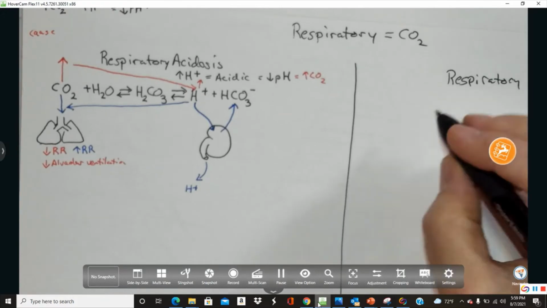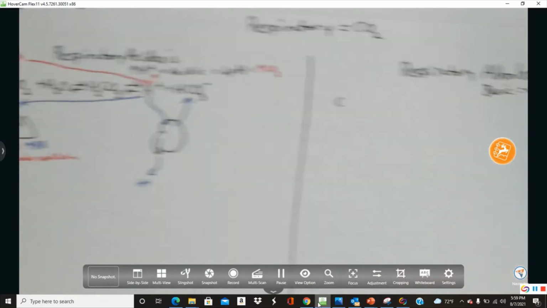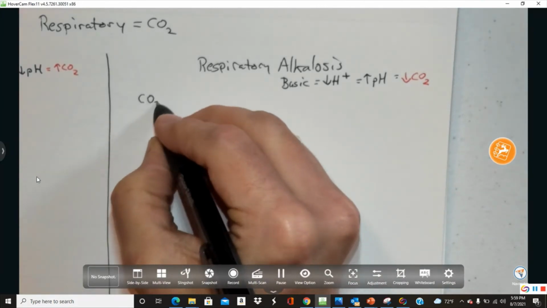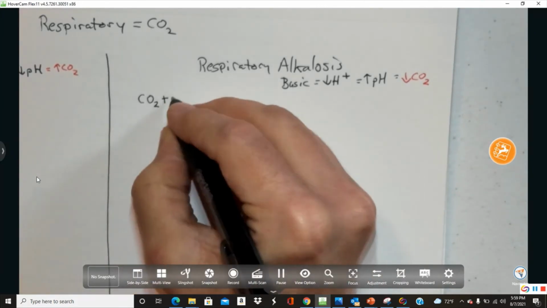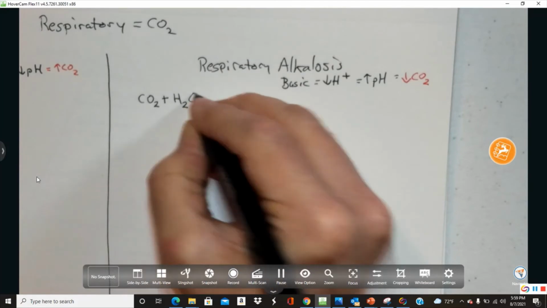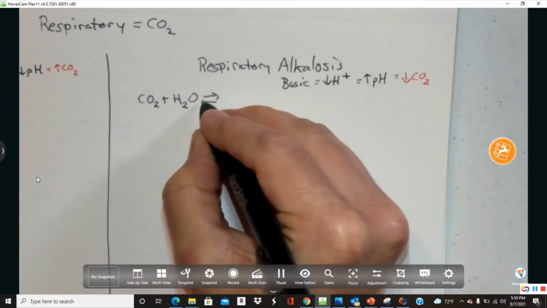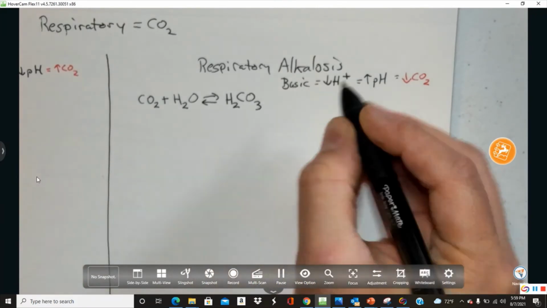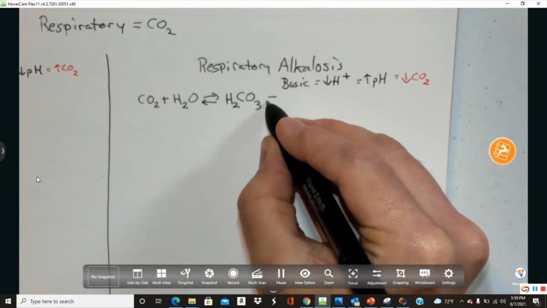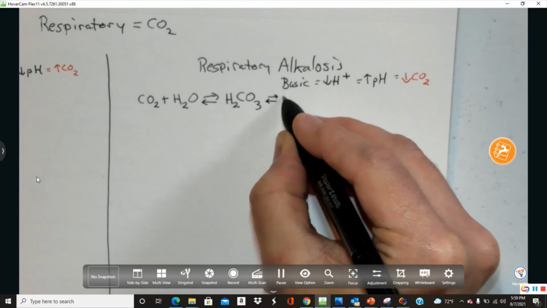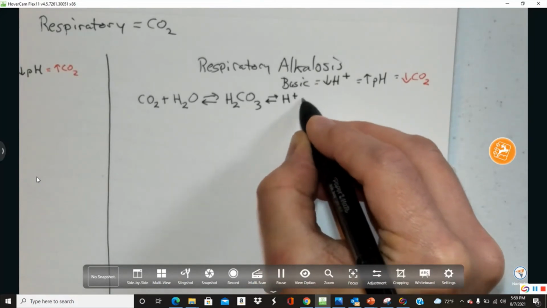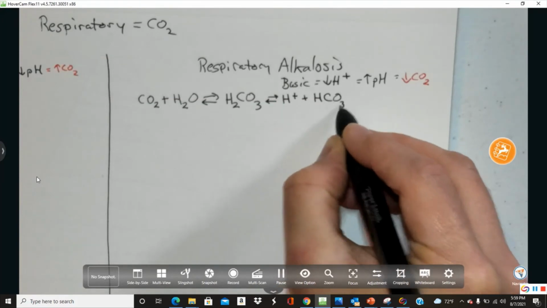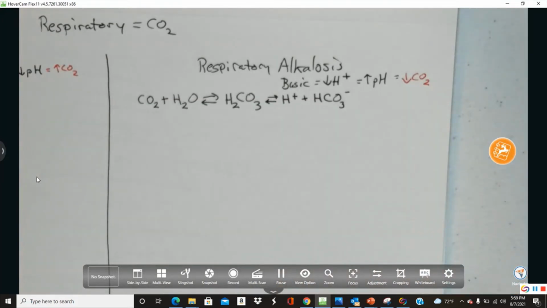Now, again, carbon dioxide, let me get this in here where we can see it. I almost forgot to do that. Carbon dioxide will chemically react with water, and this will form an equilibrium reaction of H2CO3, carbonic acid, which will also dissociate into hydrogen ions and HCO3 minus, bicarbonate ions.